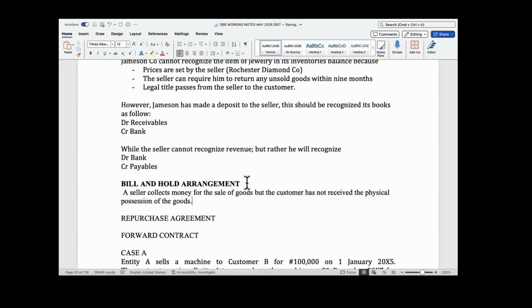So the seller has collected money, but the customer has not received physical possession of the goods.